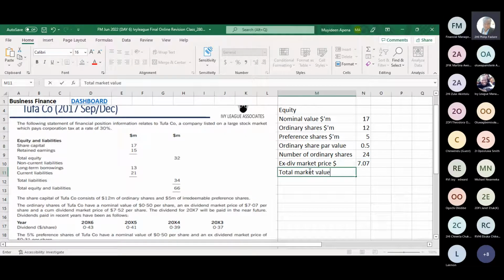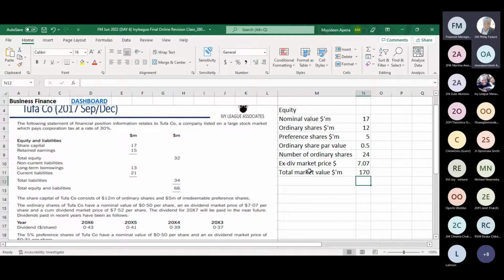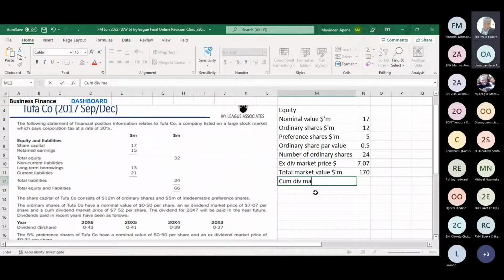Total market value in $1 million will be equal to 7.07 multiplying 24. Exactly. So we have 170 million for equity. Okay. Now, moving on. We are told a cum-div market price of 7.52 per share. What's the implication of that? It includes dividend. You have to remove the dividend.